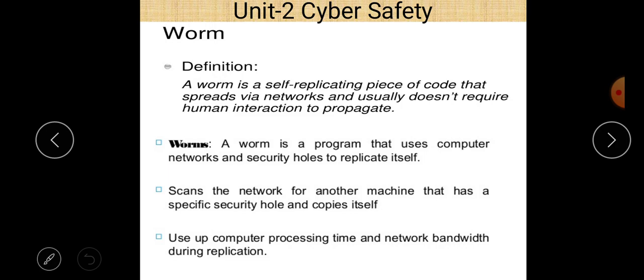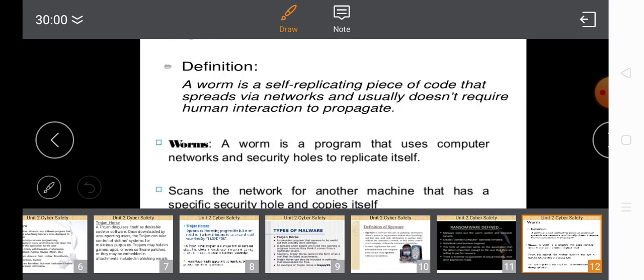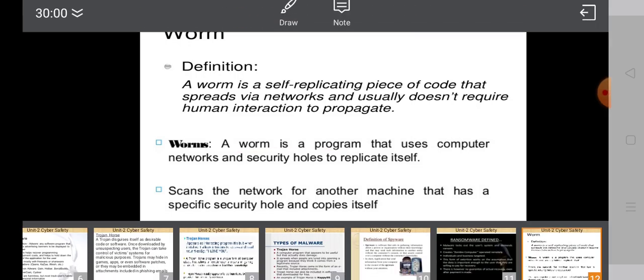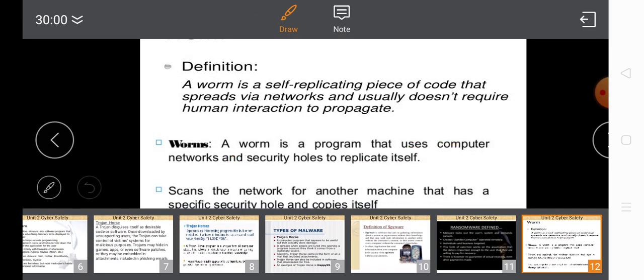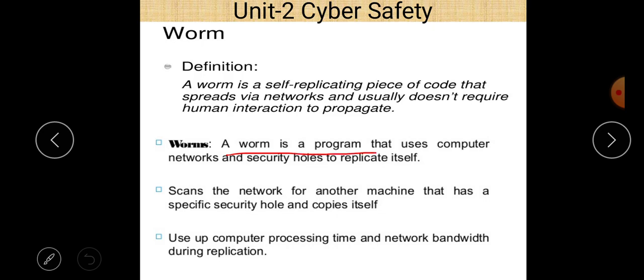A worm is a self-replicating piece of code that spreads via networks and usually doesn't require human interaction to propagate. Here is the second definition of worm: a worm is a program that uses a computer network and security holes to replicate itself.